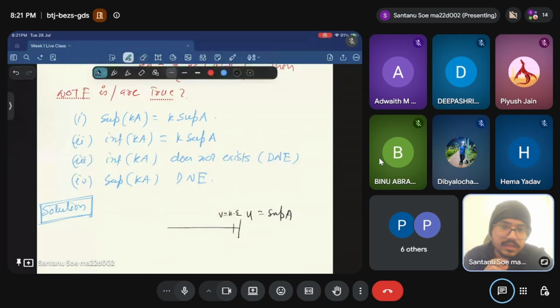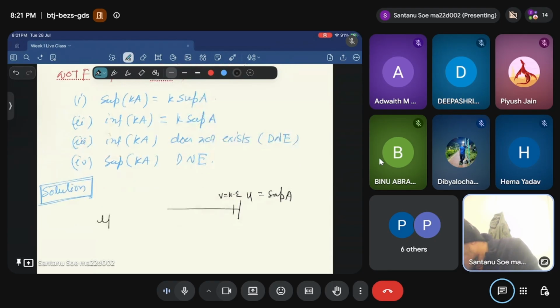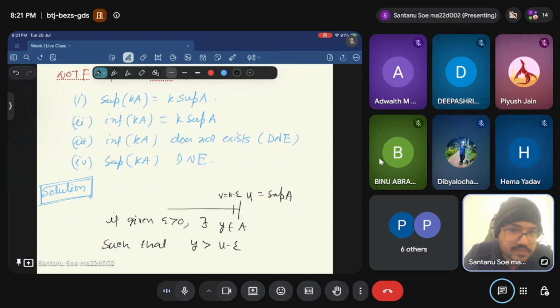You are going just a little bit, just epsilon, to the left. Then you can find a number between U minus epsilon and U that will be greater than U minus epsilon. So that means U is the supremum of A if, given epsilon greater than 0, there exists a Y in A such that Y is greater than U minus epsilon.